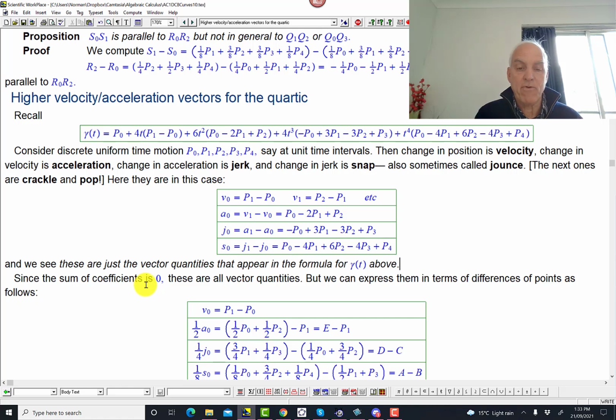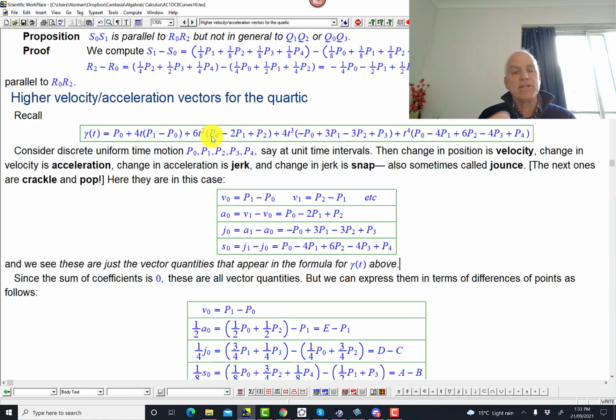Now, since the sum of coefficients of all of these is 0, they're all vector quantities, as we see. So in this expression here, there's only one point, P0, and then we have these vector quantities that are multiplied by, first of all, binomial coefficients, 4, 6, 4, 1, and also increasing powers of t.